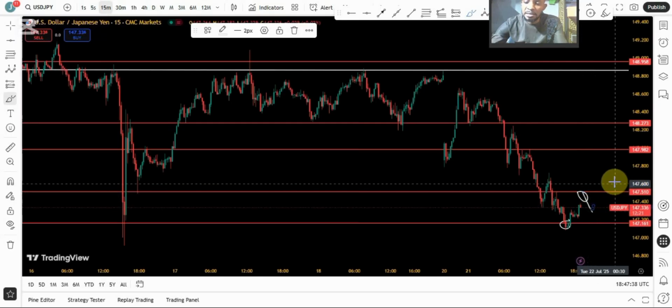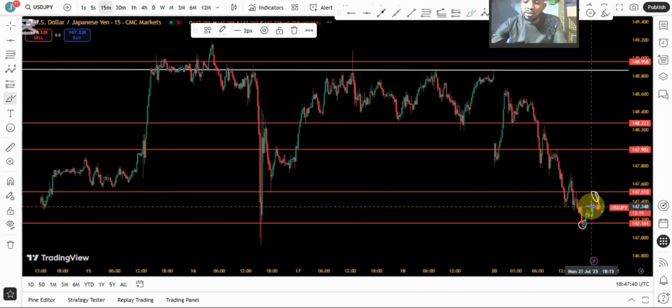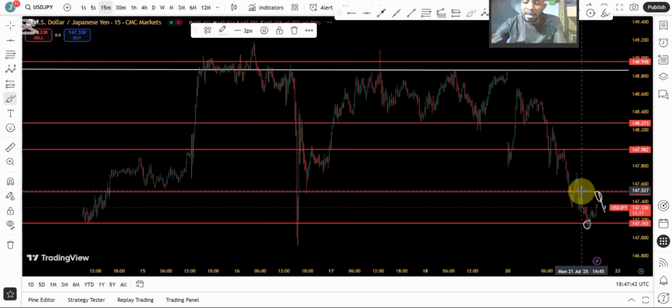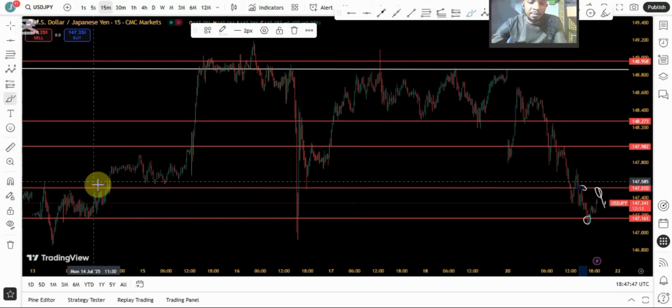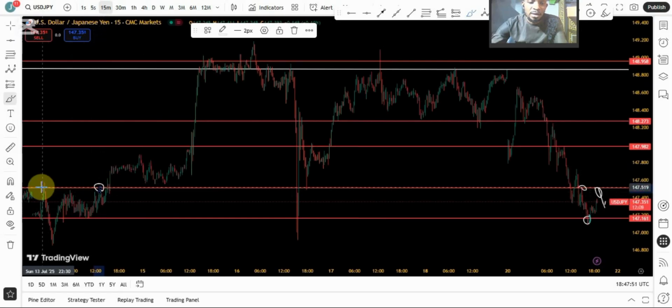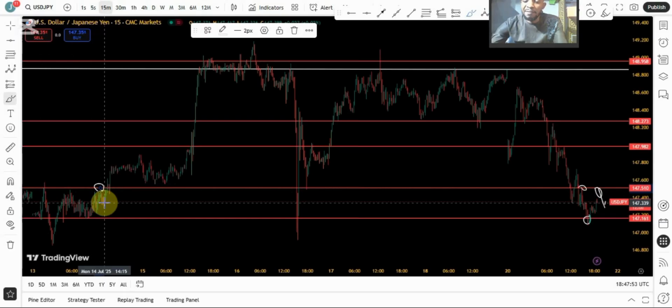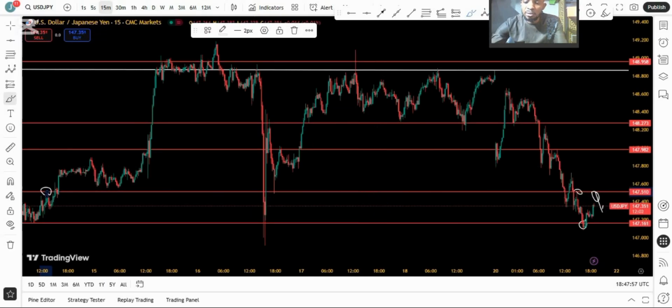I should be expecting it to drop down. Why? Because previously in the market there has always been a sell each time the market touches that level. You can see it over here. That is a respected level in the market as far as the support and resistance strategy is concerned. So each time the market reaches that level, I should be expecting a sell.